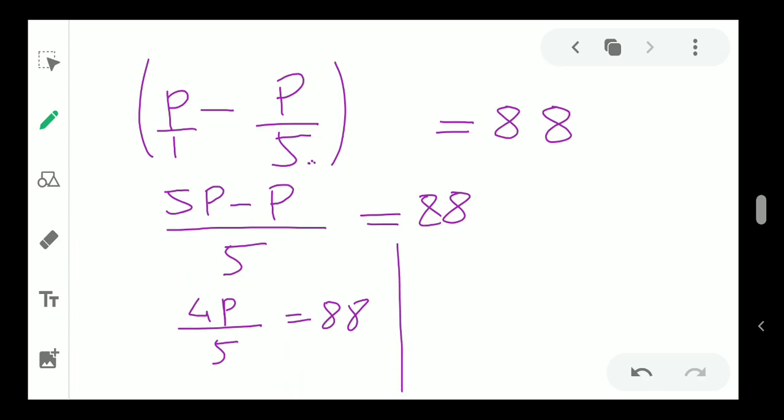I am doing it here so that you can understand. Now 5 will go that side, so 5 will go in the numerator and 4 will go that side, that means 4 will become the denominator.